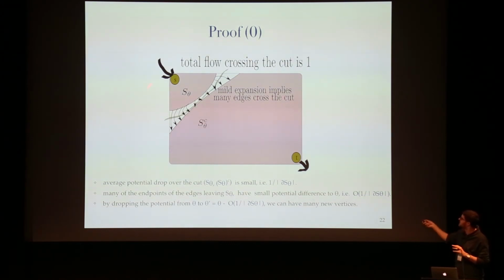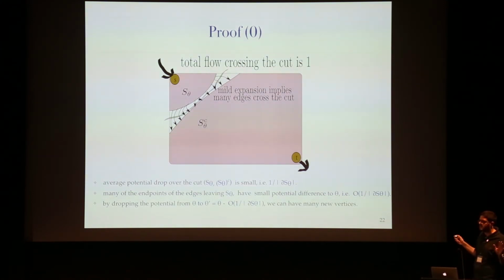So flow does not remain trapped in the set. Further, you don't have many back and forth things in between the sets. The second thing is that the mild expansion property implies that there are many edges crossing the cut. Again, total flow in my case is just a potential difference, so what I can say is that the average potential drop is small. There are this many edges, so the average is just 1 over the size of the cut.